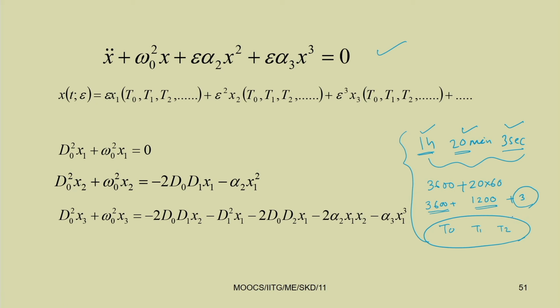Here x 1, x 2, x 3 can be written using different time scales like T 0, T 1, T 2. x 2 is also written in the same T 0, T 1, T 2 and x 3 is also written so.